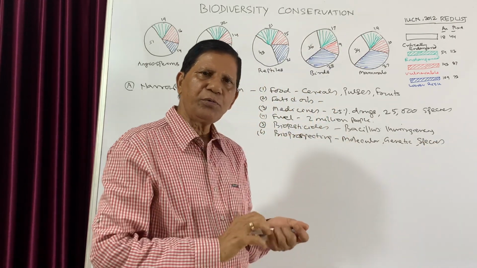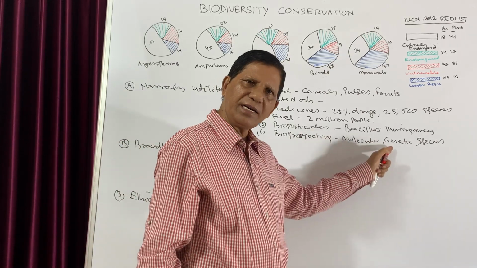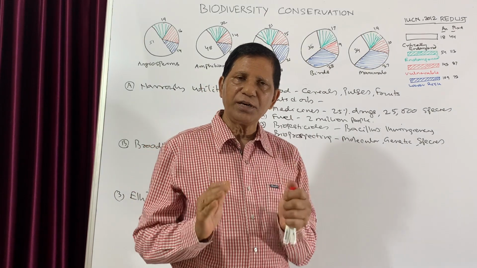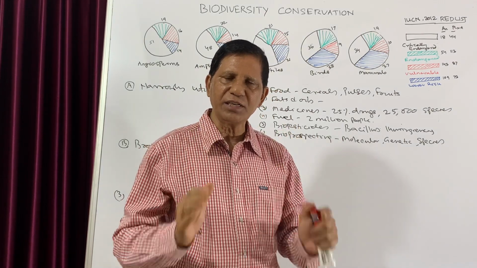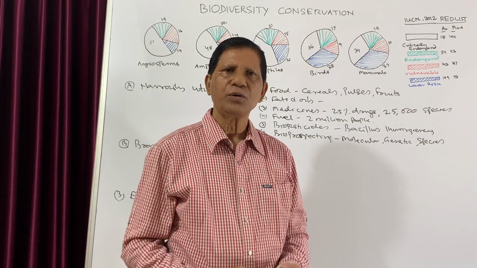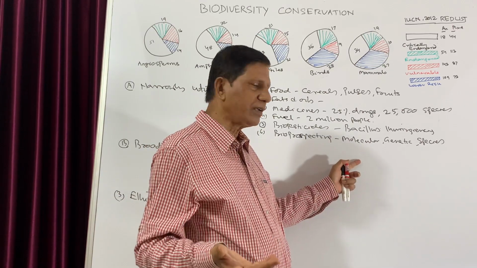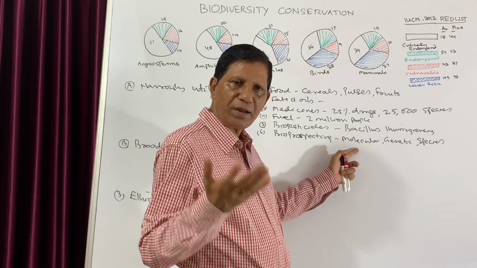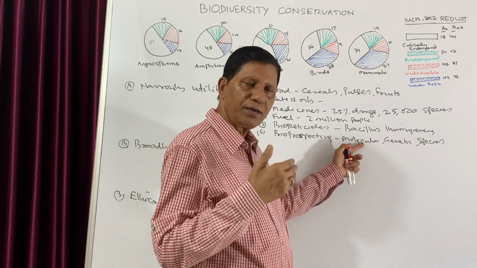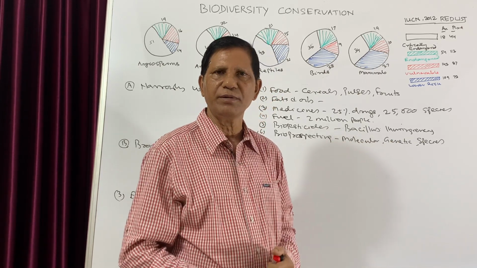That means if we consider the diversity at molecular level, genetic level, and species level, then those countries which have biological diversity have an enormous field to become rich and rich, because we can exploit the biodiversity for different molecular diversity at the genetic level and also at the species level.